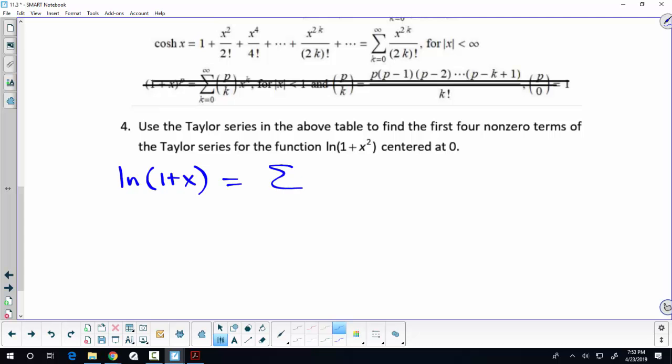And from our previous example, we had that the ln of 1 plus x was the sum from k equals 1 to infinity of negative 1 to the k plus 1 times x to the k over k.